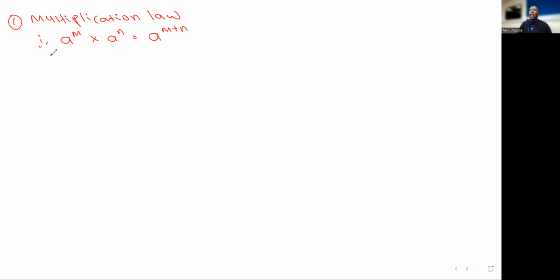And if we have a constant, k a raised to power m multiplied by j a raised to power n, you multiply the constants or the coefficients together, and that will give us k j a raised to power m plus n. Is that okay? So that's the first law.